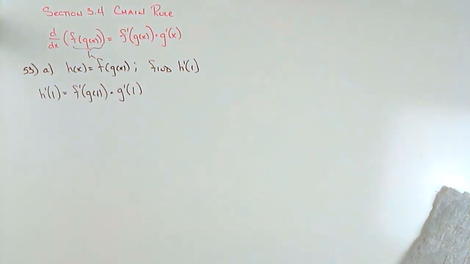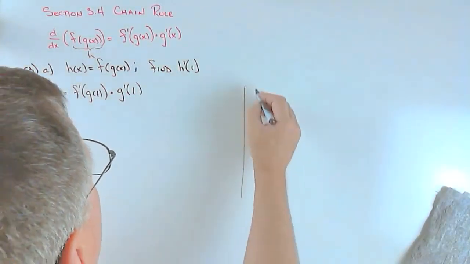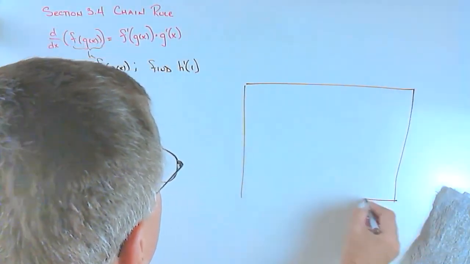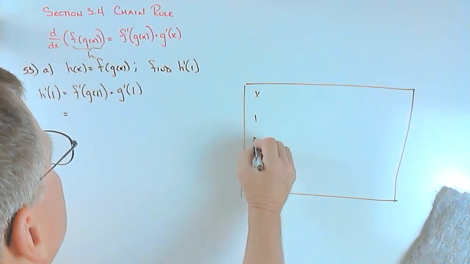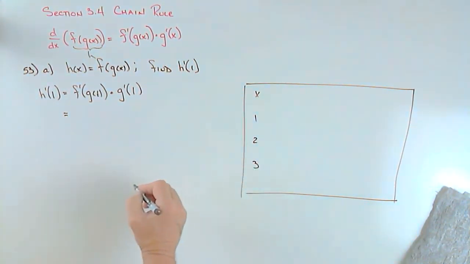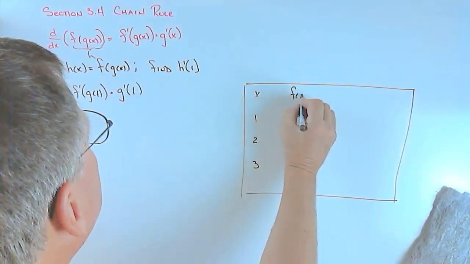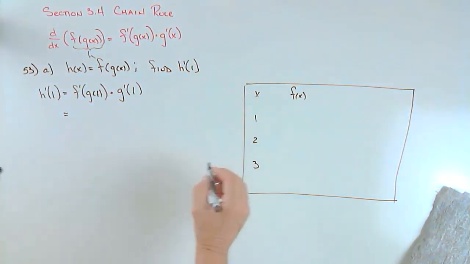And now they gave us a table, right? In the table, they gave us values. First column is f, next column is g, then f prime. So the table looks like this. I'll go ahead and write the table over here just so everybody's clear. We have x, and we have 1, 2, 3. Then f of x, and we have 3, 1, 7.